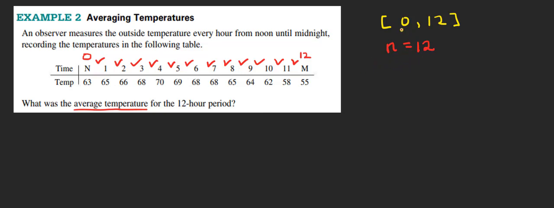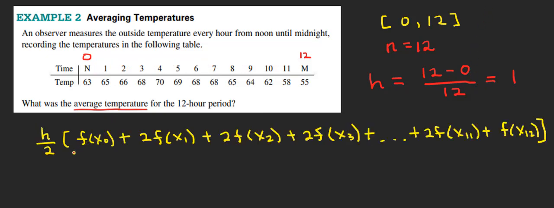Since we know what a, b, and n are, the width of each trapezoid will be 12 minus 0 over 12, which is 1. Now think about it. What is the distance from 0 to 1? It's 1. What is the distance from 1 to 2? It's also 1. Now recall that this is the formula for the trapezoidal rule, and you have to go all the way up to f of x12.